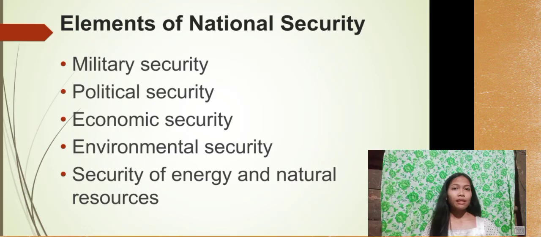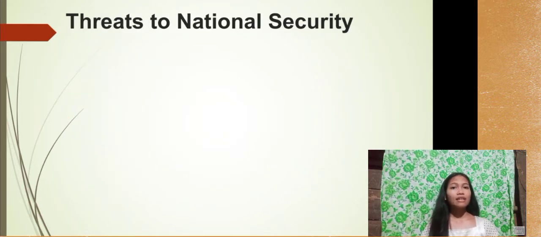And 5th, the last, is the security of energy and natural resources, which include water, energy sources, and minerals. So, ensuring a stable and sufficient supply of these resources is crucial for a country to grow its industries and economic strength.